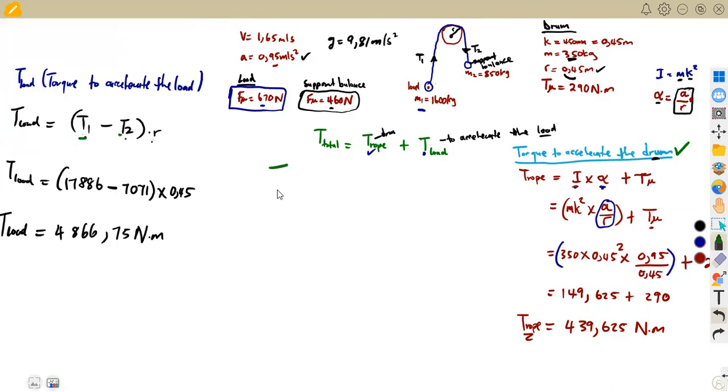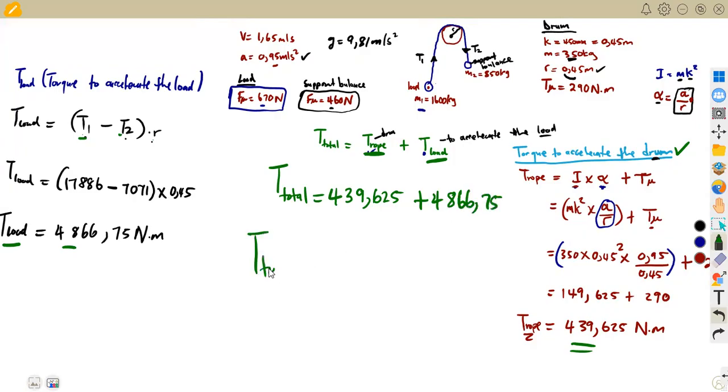Now we can calculate the total torque, because we said the T total in this case is going to be T rope, the one for the drum, plus T load. From the drum, we obtained a torque of 439,625, plus the one for the load, T load, in this case, we got 4,866.75 Newton meters.